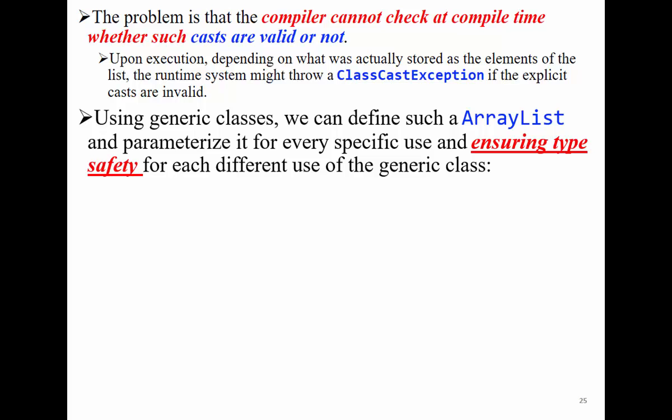That's why we use generics, because they ensure type safety for us at compile time. The generic is a compile-time safety check.